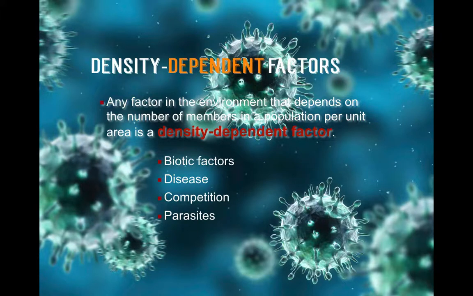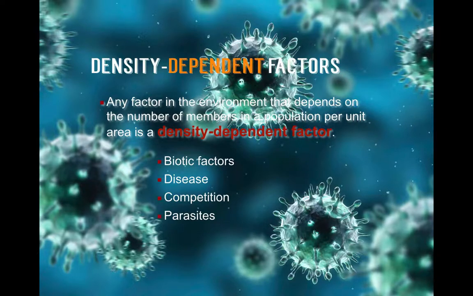So if I get the flu and I'm living in the middle of nowhere, on an island by myself, it doesn't matter because I'm the only one getting the flu. But let's say I get the flu and I go in the subway, public transportation, a bus, then I can pass on that disease, and then that disease can be prevalent in that population. So that is a density dependent factor. It is dependent on the number of people in that population per unit area.